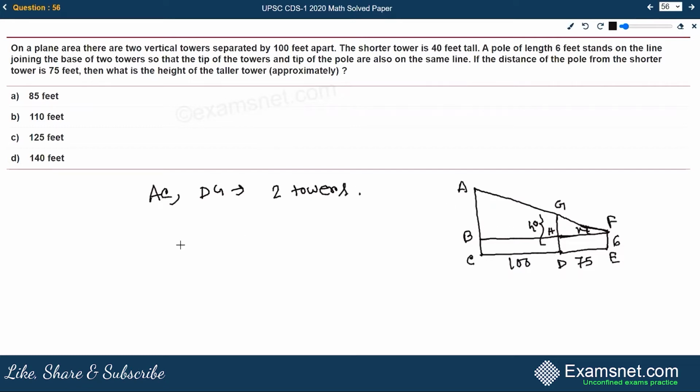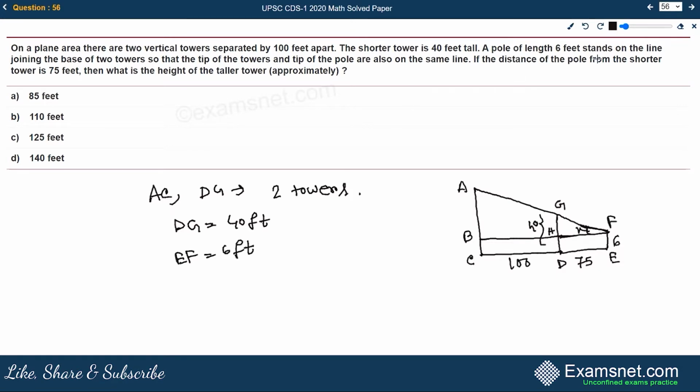DG is the shorter tower, so DG is 40 feet. A pole of length 6 feet stands on a line joining the bases of these two towers so that the tips of the towers and the tip of the pole are on the same line. A, G, F are on the same line. Here EF is the pole of 6 feet.